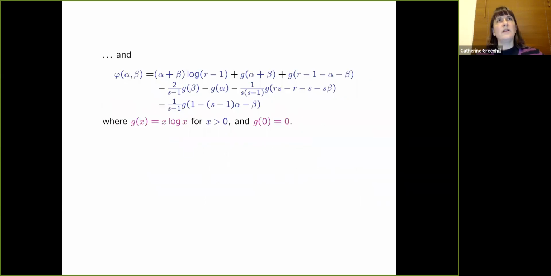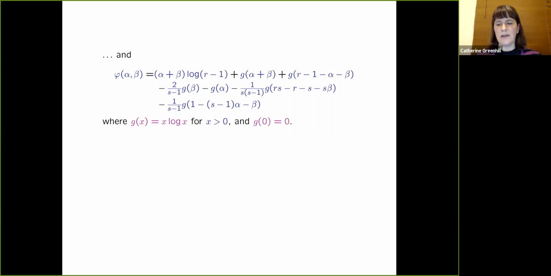So you will have done some Stirling, and you'll have a lot of factors that look like a to the a. And when you take them into a log, it's a log a. So g of x is x log x, and you get a bunch of these. The inequalities defining the domain of this function basically say that everything you're taking g of has to be greater than or equal to 0. And g of 0 is 0.